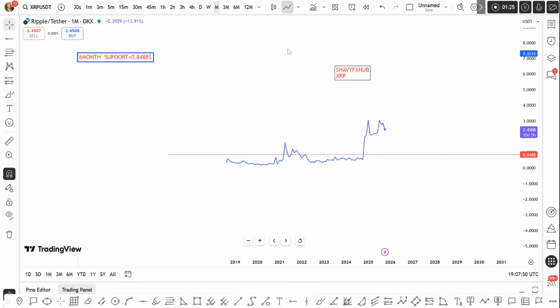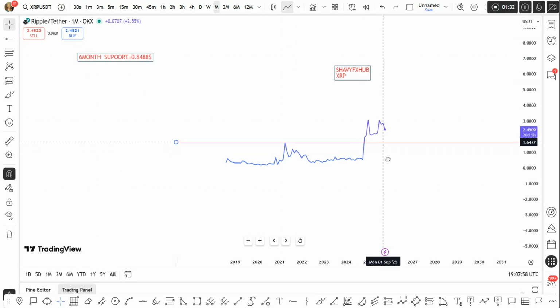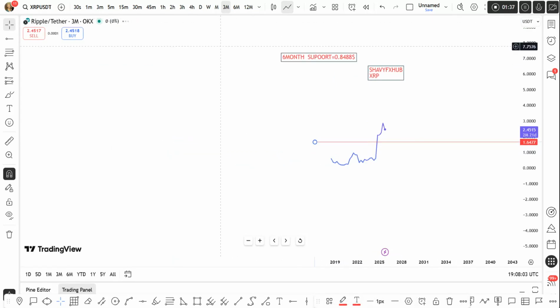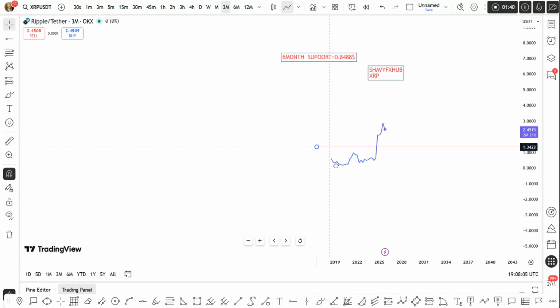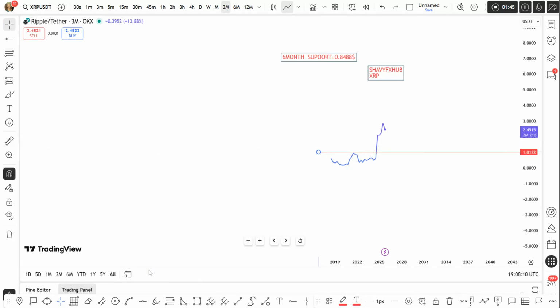Then on quarterly, so on 3 months, our demand flow on 3 months is going to be 0.9898.